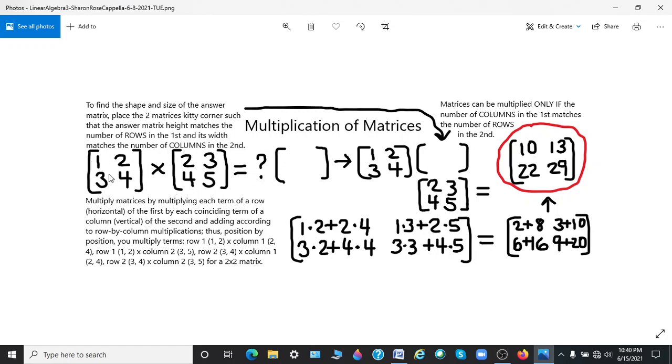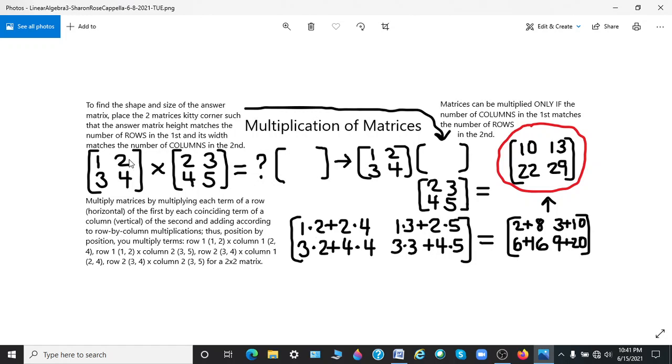Okay, so here are the rows of the first matrix, and here are the columns of the second. So what you do is you take this first item, first position, so you're dealing with rows here, and you're dealing with columns here. 1 times 2, so the first two items. So 1 times 2, you get that answer. You write it down. You move on.